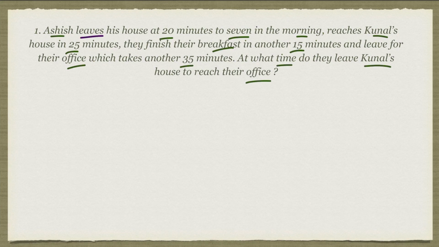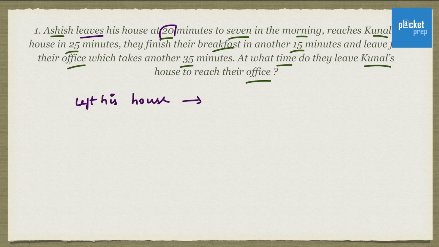Ashish leaves his house at 20 minutes to 7. So Ashish left his house at 6:40 a.m., as it is in the morning. He reaches Kunal's house in 25 minutes. 25 minutes from 6:40 is 7:05 a.m., isn't it?